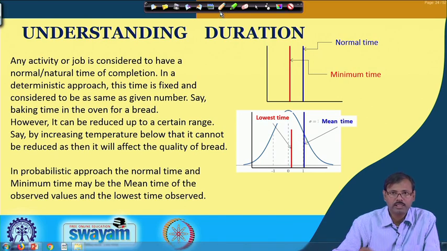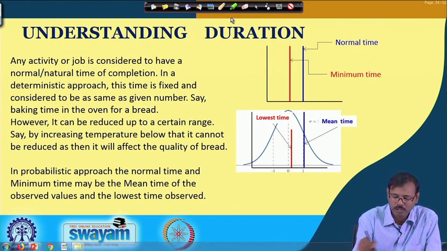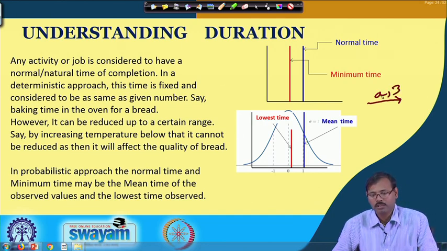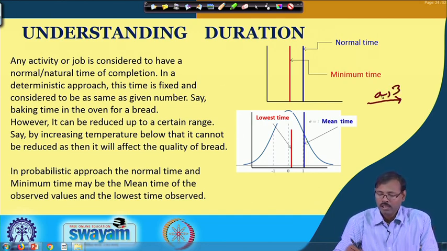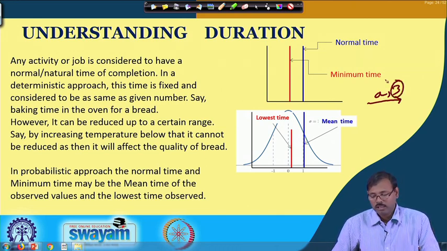Now, let us understand what is duration. Every time we are giving these activities a duration of, say, 3 days or 3 months or 3 hours. So, how have we come up with these 3? So far we have understood the calculation of cost. Now, let us understand what is duration.